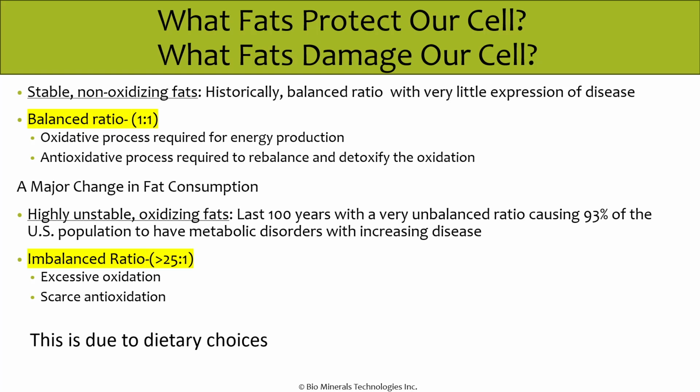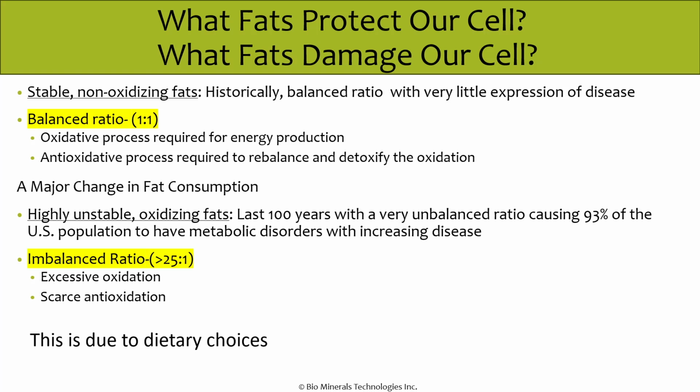So whatever oxidation you have, we need the antioxidation to correct and rebalance it. A major change in our fat consumption: highly unstable oxidizing fats. The last 100 years, with a very unbalanced ratio, causing 93% of the U.S. population to have metabolic disorders with increasing disease.